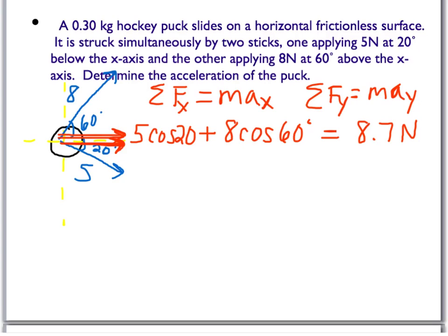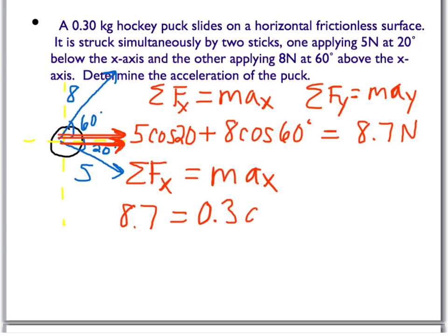Now when I solve for the acceleration in the x direction, I can set the sum of my forces, or 8.7 newtons, equal to the mass times the acceleration in the x direction. The mass of the hockey puck was 0.3 kilograms, and now I can solve for a sub x. Again, take a second and plug this into your calculators. You'd find that you have an acceleration of about 29 meters per second squared.